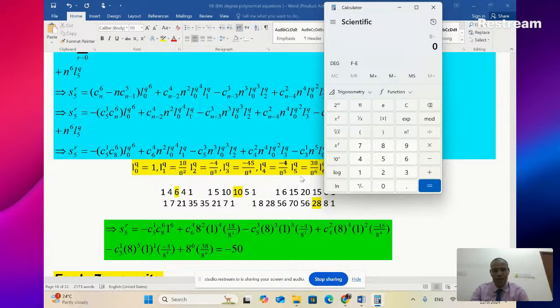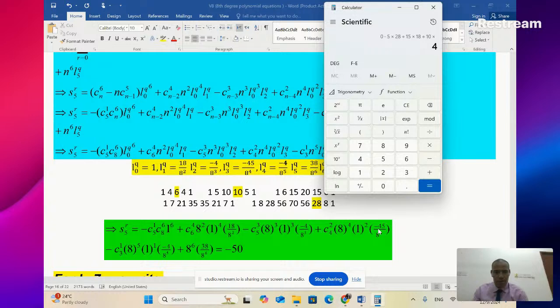It will be negative 5 multiplied by 28. Then plus 6 choose 4, 1, 2, 3, 4, plus 15 multiplied by 1. Okay, then this is minus multiplied by minus is positive, plus 5 choose 3 is 10 multiplied by 4.